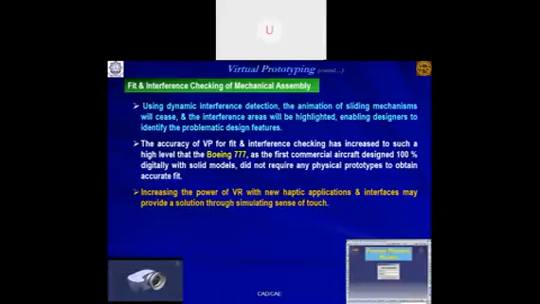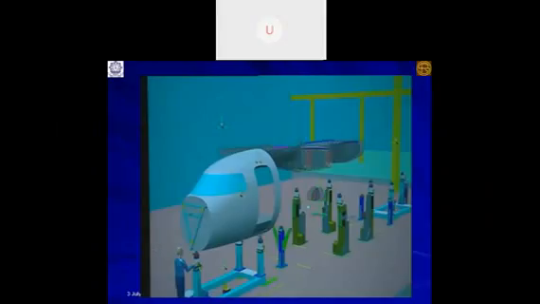So for example, I don't know again whether I should share the screen. I would like to share my screen.